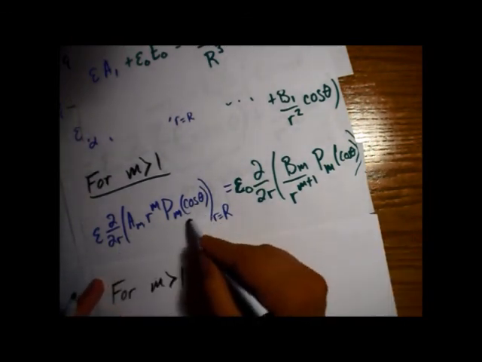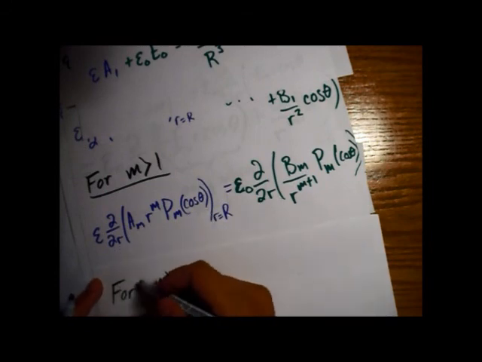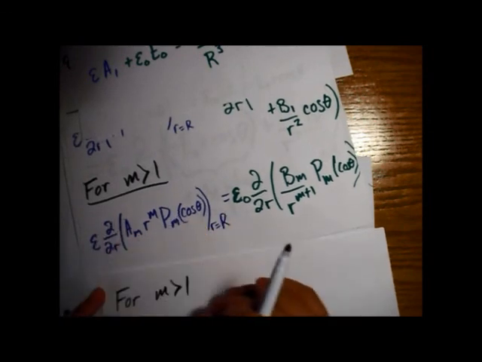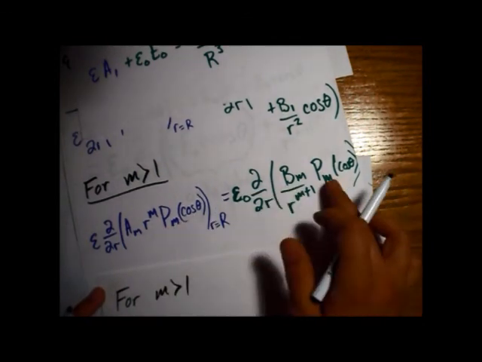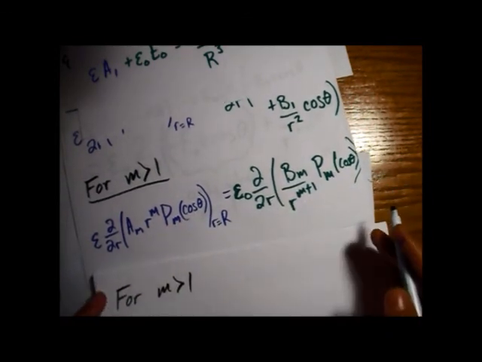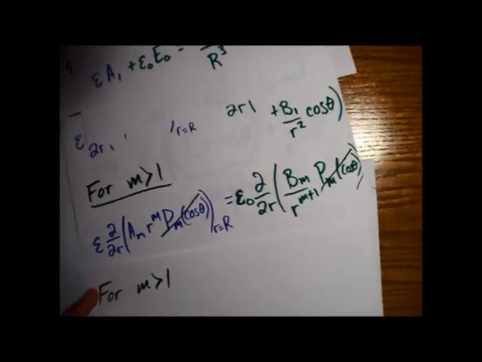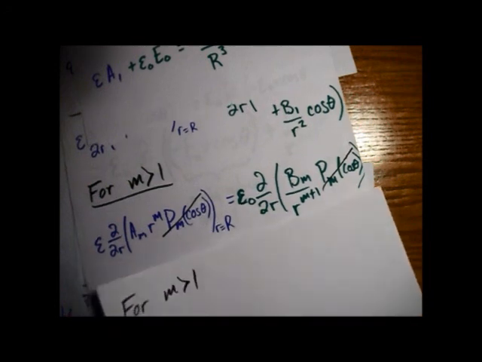These Legendre polynomials do not depend on R. So basically, with respect to R, they're a constant. Bring them outside of the derivative. And since it's the same on each side, they're all going to cancel out. Okay, so this is going to cancel with this. Okay, right? And what else? That's about all we can say for that.